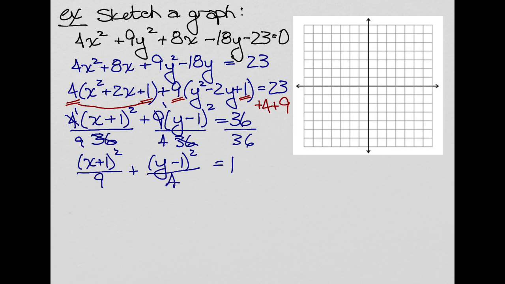Well, that's better. I can at least tell what's going on now. So next thing I'm going to notice here is the center. The center, that's x minus negative 1, y minus 1. My center's at negative 1, 1.